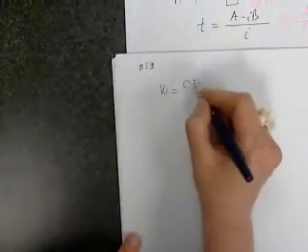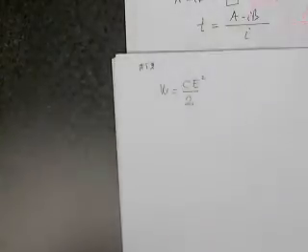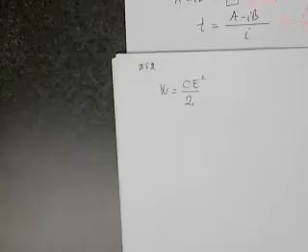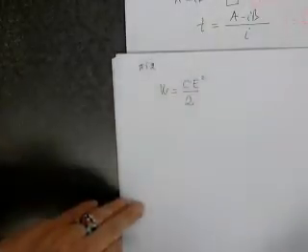W equals C E squared divided by 2. We're asked to solve for C. In all these models, if you encounter an uppercase T and a lowercase t, they are not the same variable. If you encounter an uppercase A and a lowercase a, they're not the same variable. I'm not saying we have that situation right now, but good. I'm asked to solve for C. What would you recommend first? Exactly. It's a proportion. They're all proportions if you look carefully.